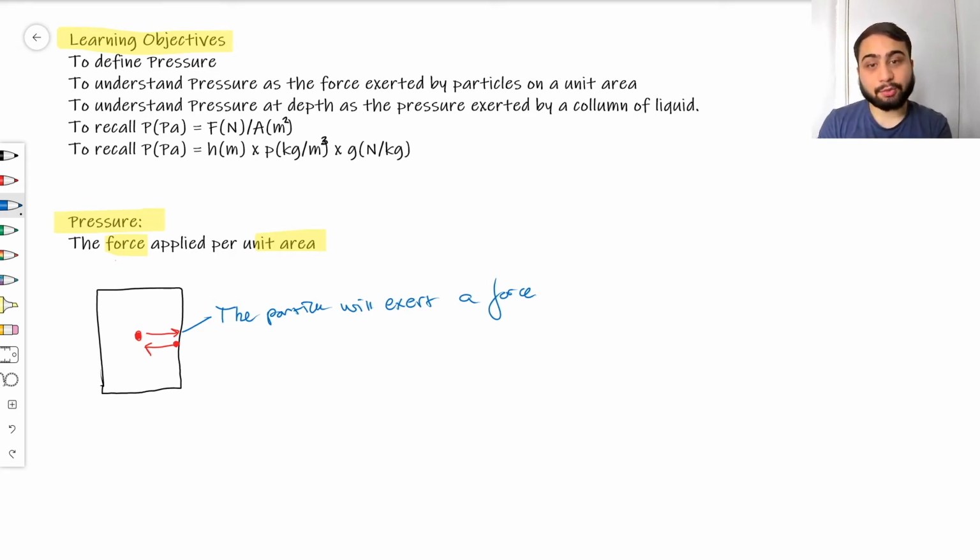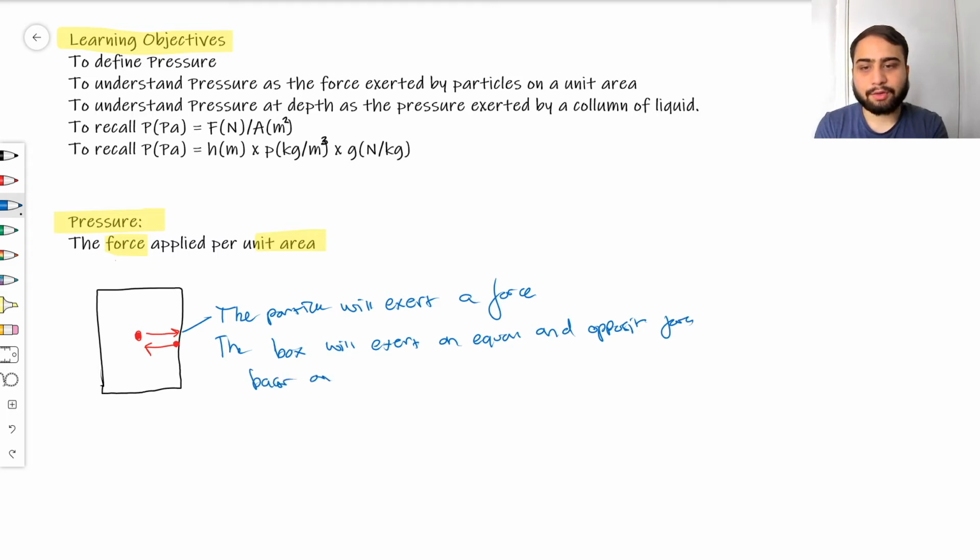So the particle will place a force upon the actual wall of the container itself, and because of Newton's third law, which tells you every force has an equal and opposite reaction force, the box, let's just call it a box, will exert an equal and opposite force back on the particle, and so the particle will rebound. But this initial force here, that the particle exerted upon the actual box, this is the pressure.